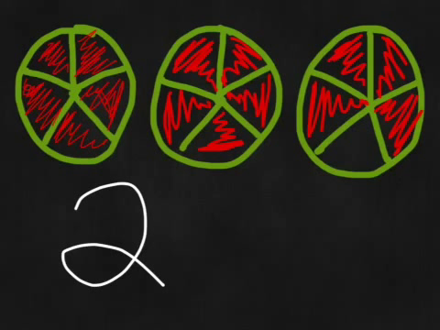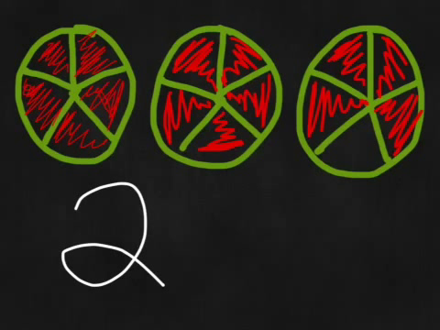Now we need to look at the leftovers. We can ignore these, because we already took care of them with our whole number 2. So now we need to look at how much of this last pie is left. This last pie, like the others, is cut into 5 pieces, and Cam ate 4 of them. So 4 fifths.